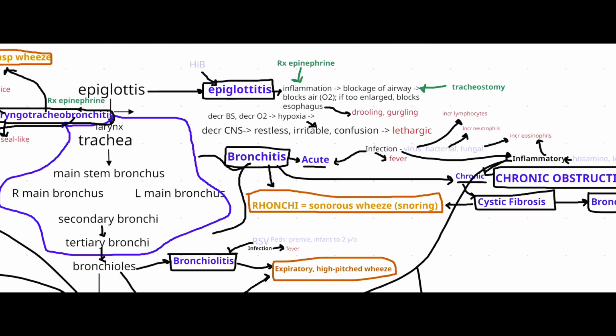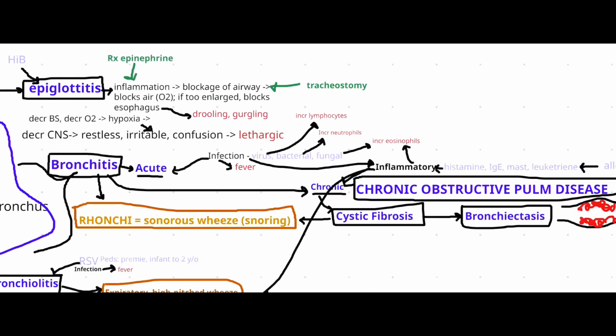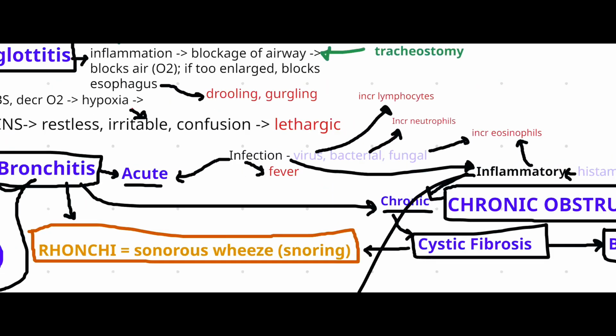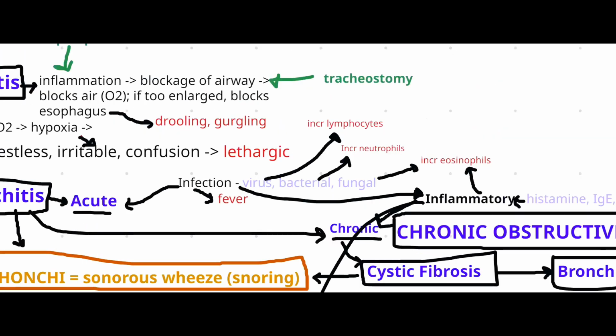Your bronchitis patients. We've mentioned here viral, fungal, bacterial. Let's go with viral first. If it's a common virus, do we give anything? No. What if it's flu? If it's flu, we can give Tamiflu. If it's COVID, we give Paxlovid.